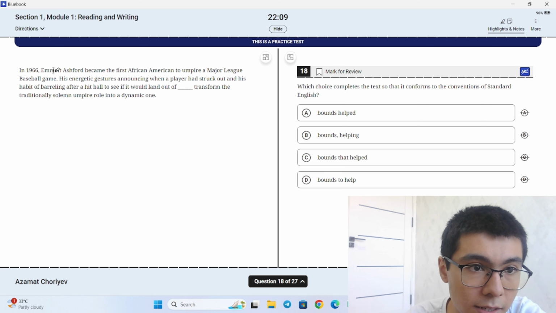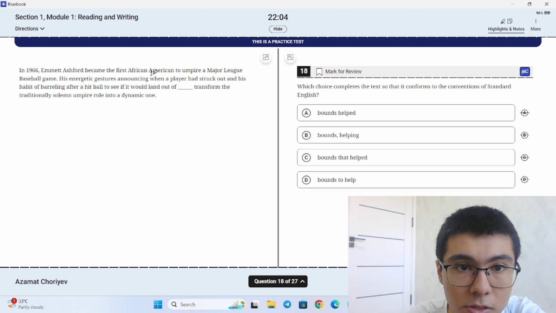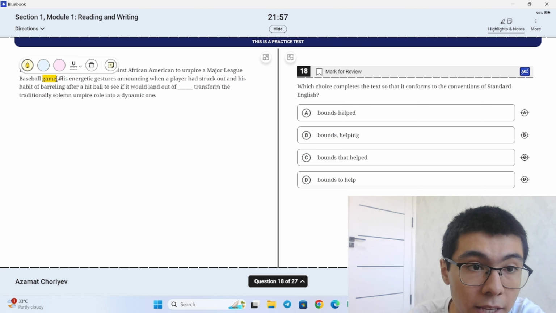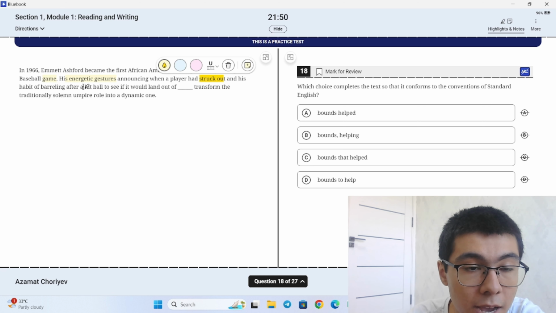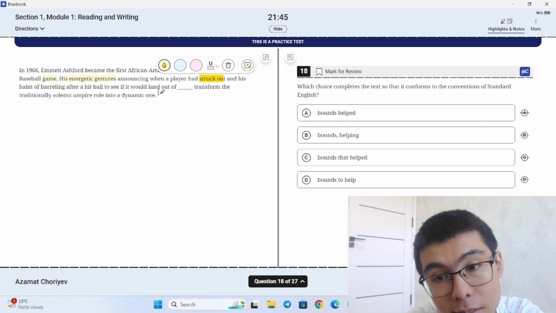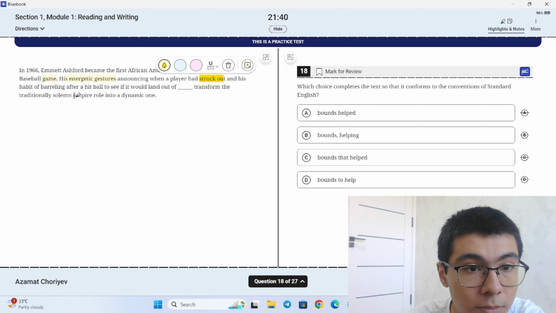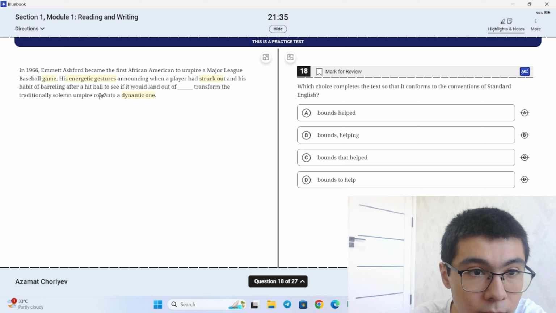In 1966, I'm not gonna bother myself reading those names. Became the first to umpire a baseball game. Energetic gestures announcing when a player has struck out, and his habit of barreling after a hit ball to see if it would land out of bounds, transformed the traditionally silent umpire role into a dynamic one.